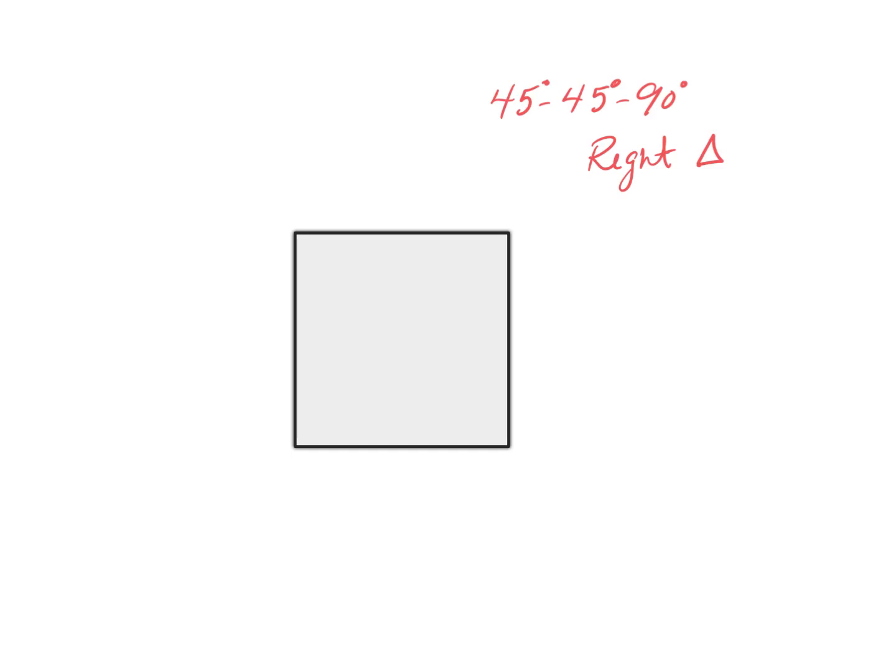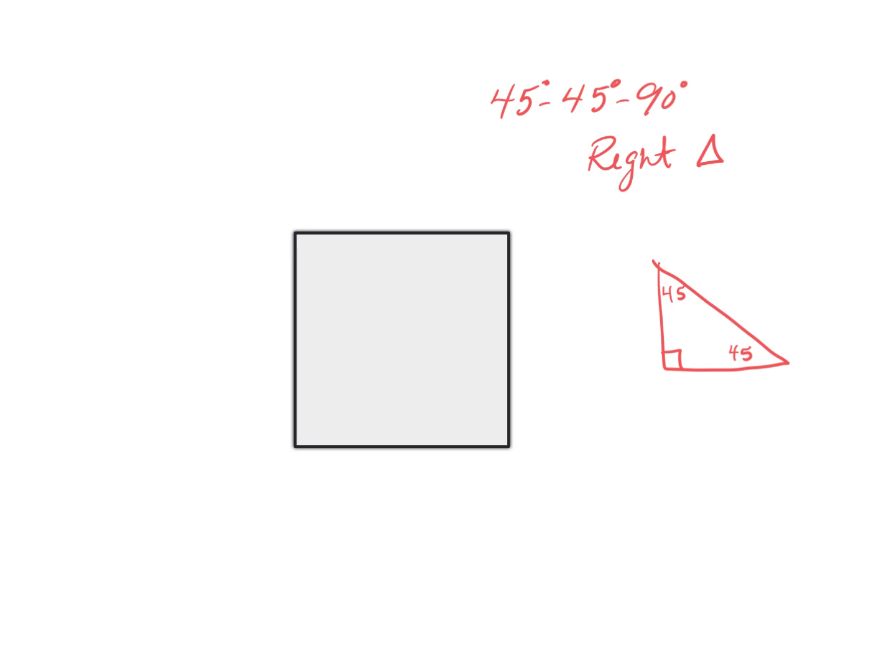when we talk about special right triangles, there are 2 specific ones that we have in mind. The first one here is what we call a 45-45-90 triangle, and that refers to the 3 measurements of the angles. So obviously we have the 90-degree angle and then the 2 smaller acute angles of both 45 degrees.